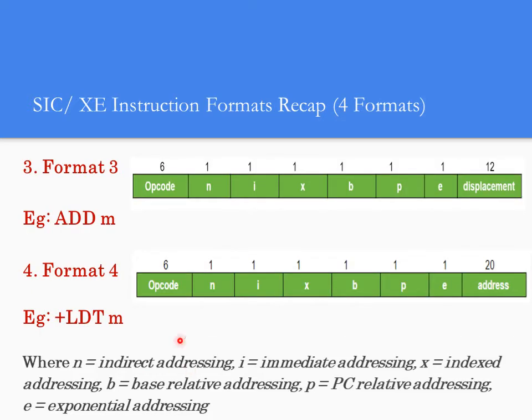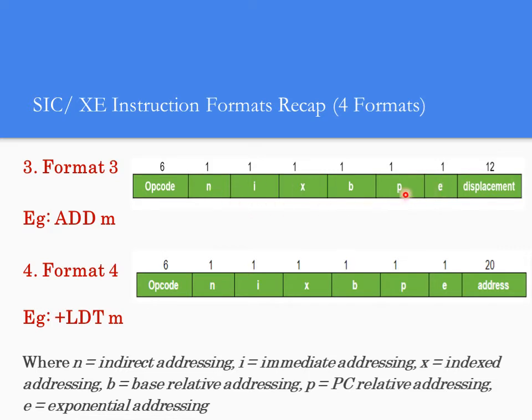Formats 3 and 4 are similar. The only difference is you have a 12-bit displacement field in format 3, whereas it's a 20-bit address field directly specified in the instruction in format 4. And in these various fields which we have, N, I, X, B, P, E, the E field will be 1 in format 4, whereas it will be 0 in format 3.